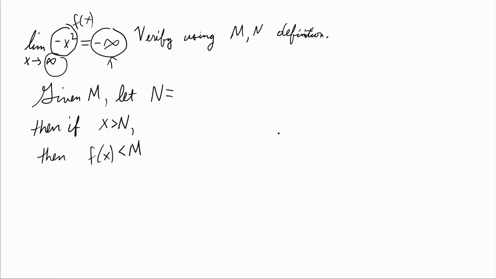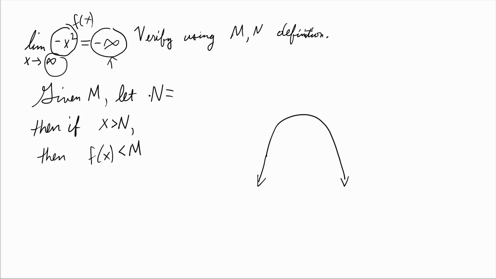Okay, so let's take a look at a picture. This is a downward parabola, right? We're just practicing verifying the statement, in particular finding the relation between the N and the M. So given an M, what can N be that would satisfy this?